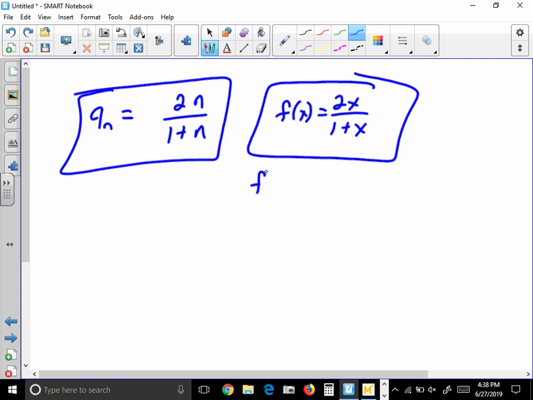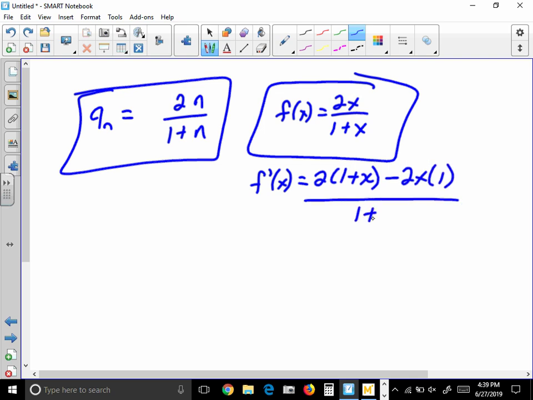If we take the derivative, that's the quotient rule, so 2 times 1 plus x minus 2x times 1 over the denominator squared. So that's 2 plus 2x minus 2x over 1 plus x squared.